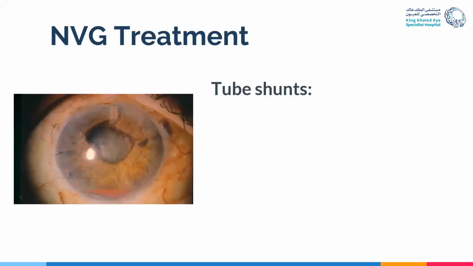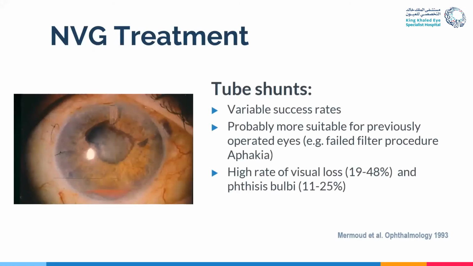Tube surgery is another good option, especially if the eye is not suitable for filtration surgery. Probably more suitable for previously operated eyes, like a failed procedure before, or a high risk of visual loss. Some people reported up to 48%, and again for ptosis bulbi we don't see this number now. I think things are getting much better because of better control.